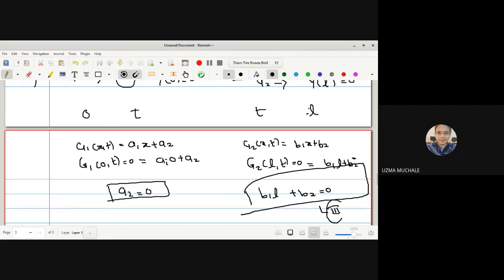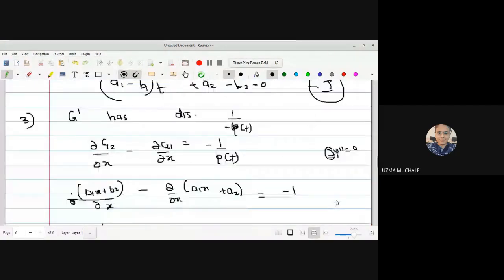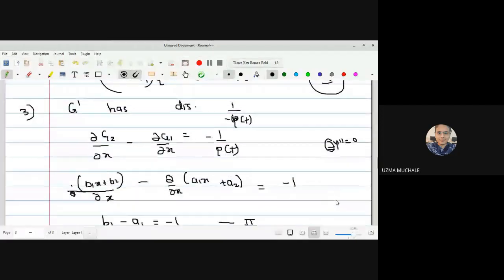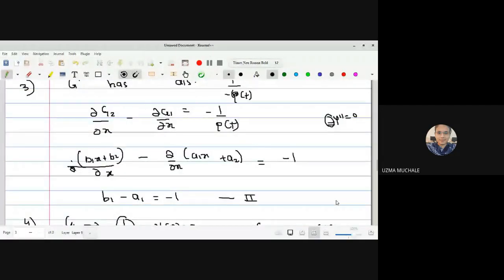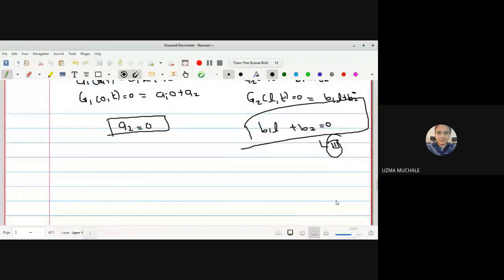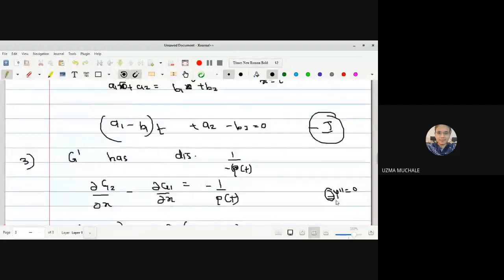So how many equations have we got now? You can see here, this is our equation 1: a1 minus b1 into t plus a2 minus b2 is equal to 0. The next equation is b1 minus a1 is equal to minus 1. And the last equation is b1L plus b2 is equal to 0. Let me write down all the equations.